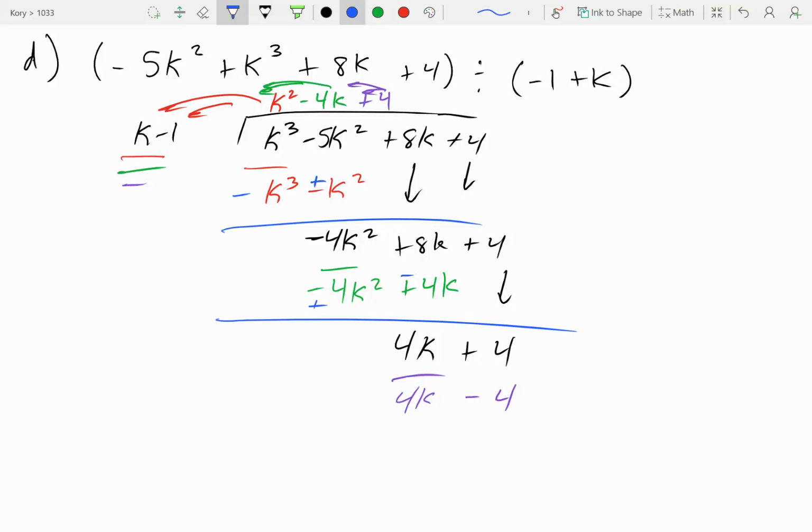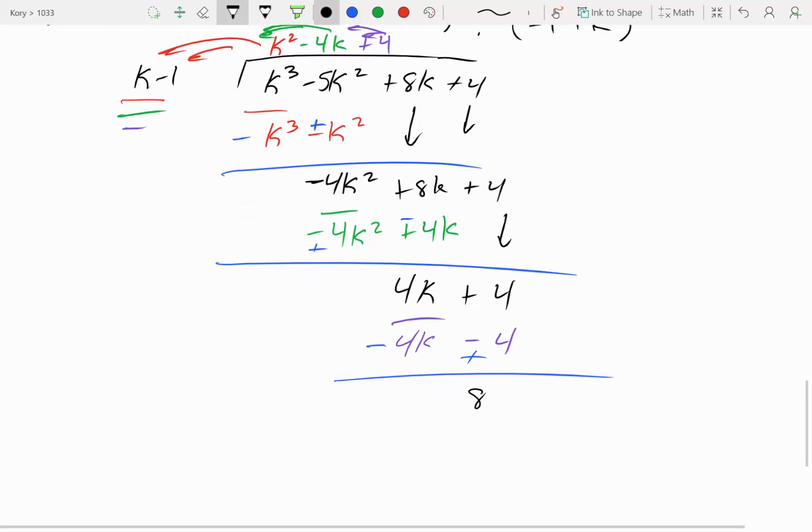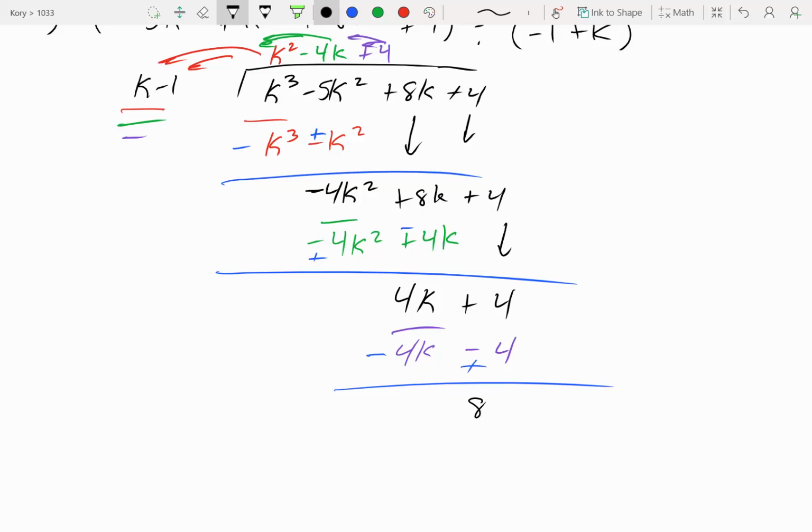So positive becomes negative, negative becomes positive. We add the columns. The 4k's cancel out. We have positive 4 plus 4. That leaves us with 8. So that's our remainder. Our answer is k squared minus 4k plus 4 plus 8 over k minus 1.